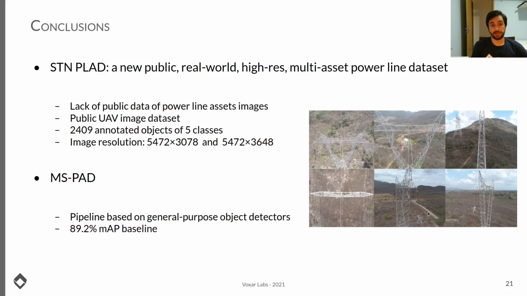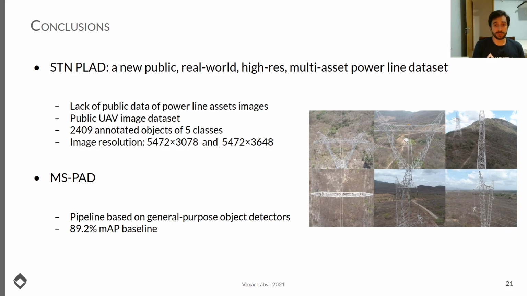Finally, the STN PLAD is a new public, real-world, high-resolution, multi-asset power line dataset. We noticed in our research that there is a lack of public data of power line asset images.